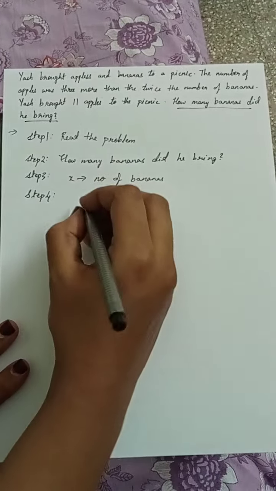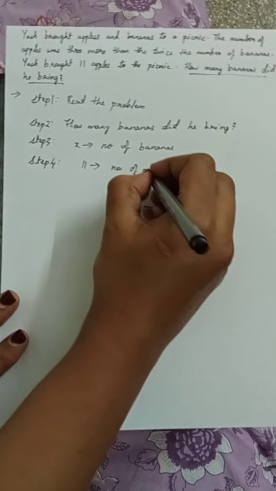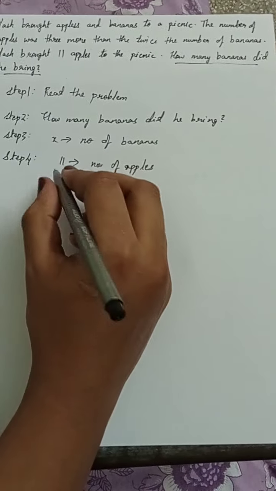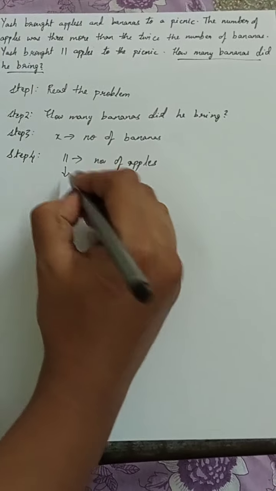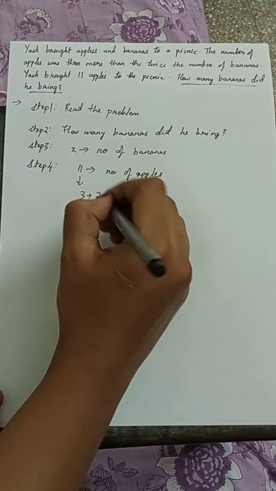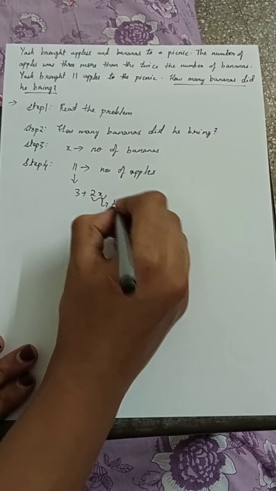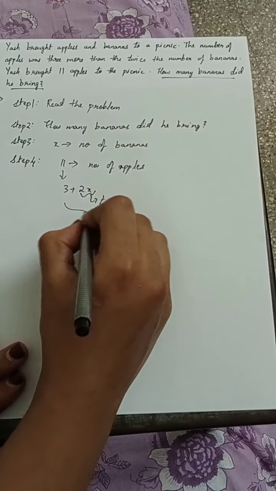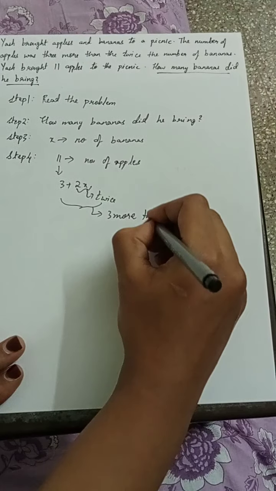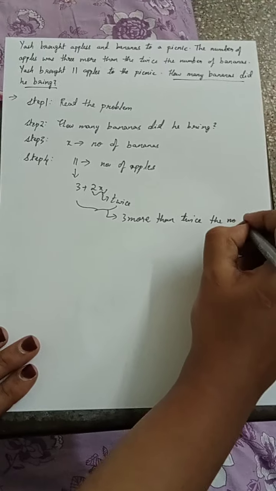So now if I restate this, this is the number of apples, so this is 3 more than the number of bananas. That is twice the number of bananas. This is twice, and if I consider the full part, it is 3 more than twice the number of bananas.